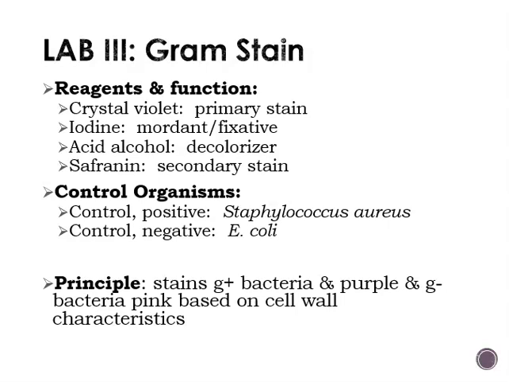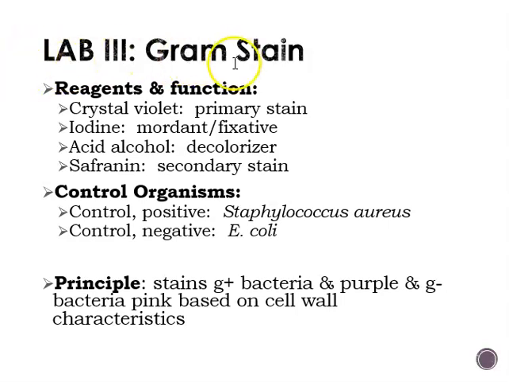We've already talked about the gram stain, the reagents that we used, and the control organisms, because remember, every test that we perform in the lab has to have a positive and negative control performed in addition to our patient sample, and that's just to ensure that our results are accurate.